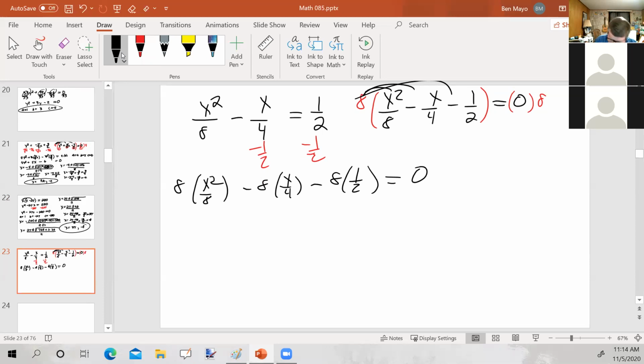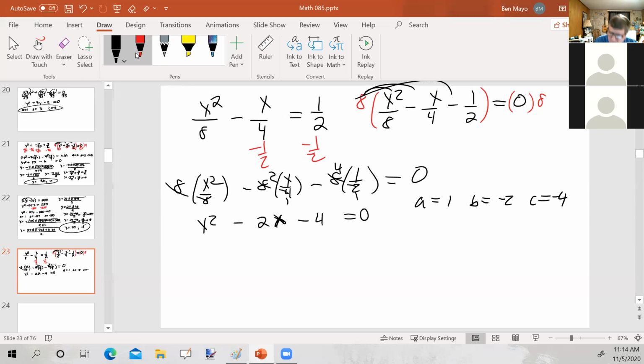Going through and reducing, the 8's reduce out, x squared. 8 over 4 is 2 over 1, minus 2x. 8 over 2 is 4 over 1, minus 4 equals 0. So I've got it in standard form and I've gotten rid of my fractions. Okay. A is 1, B is negative 2, C is negative 4.